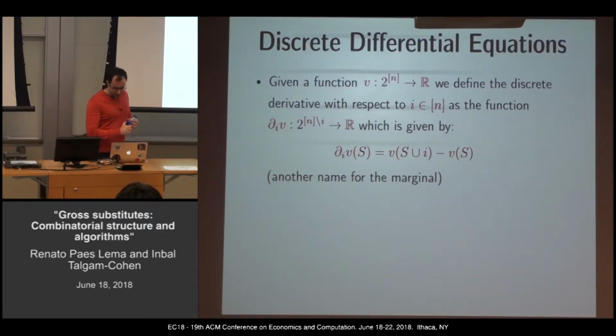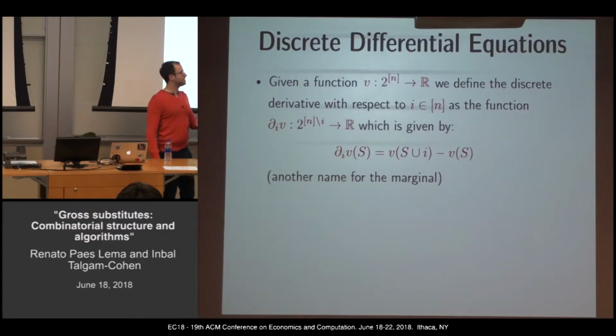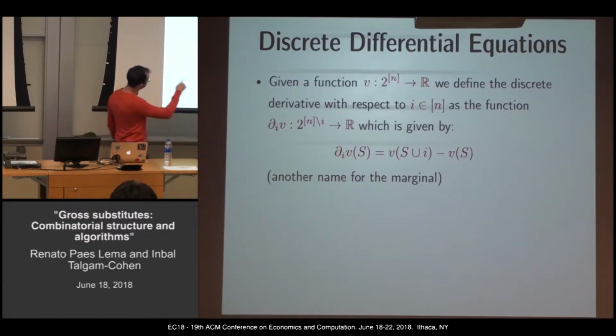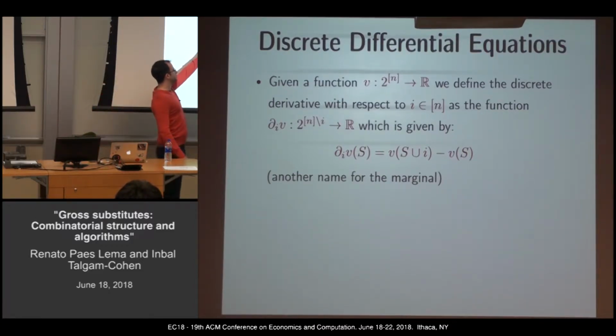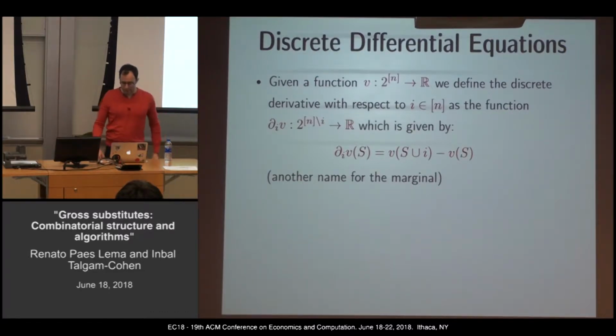Given a set function, I will define something called discrete derivatives. The discrete derivative in direction i is very simple, actually. It's a fancy name for a simple thing, just the marginal of i, how much value i adds to the set. So the first discrete derivative is defined on the subsets that don't contain i. The discrete derivative of v in i, conditioned on S, is v of S union i minus v of S.